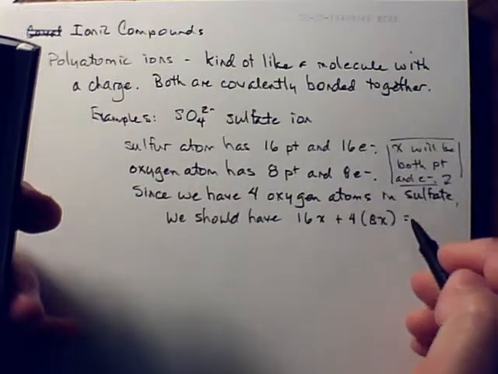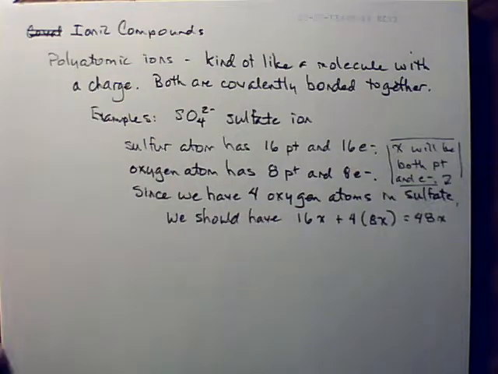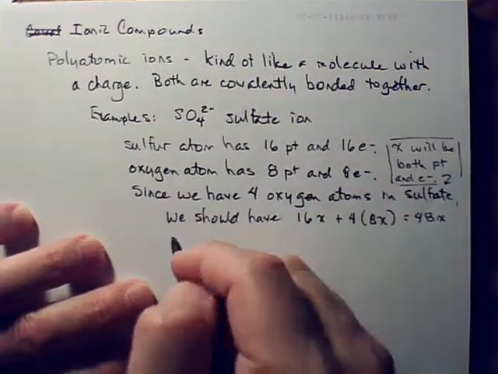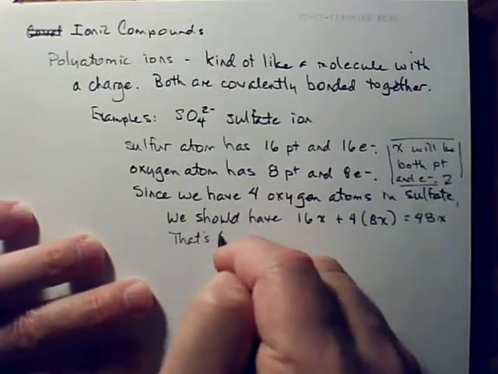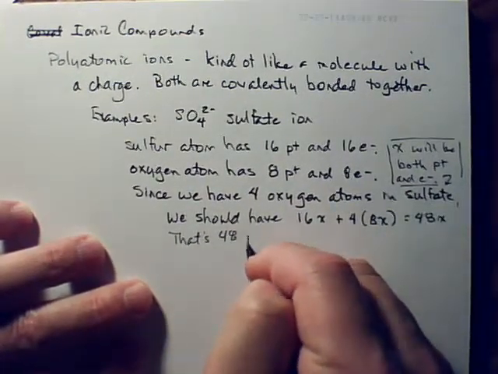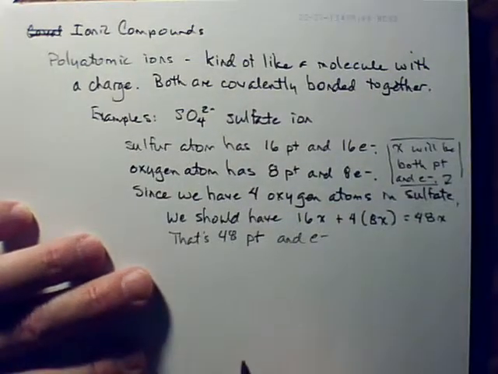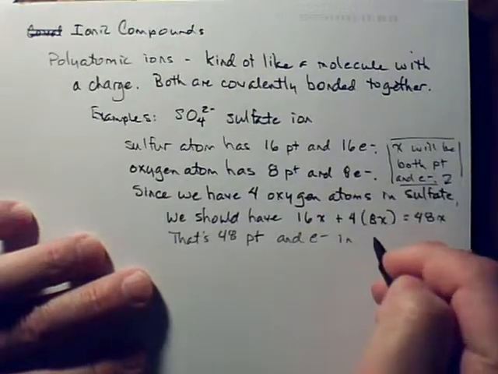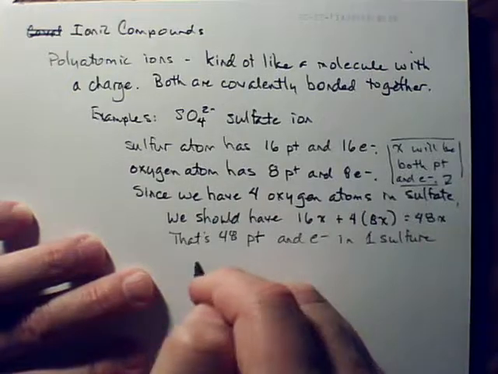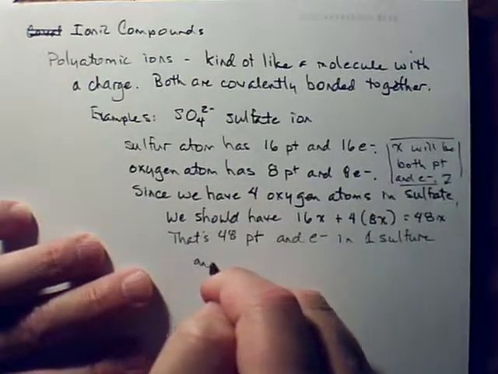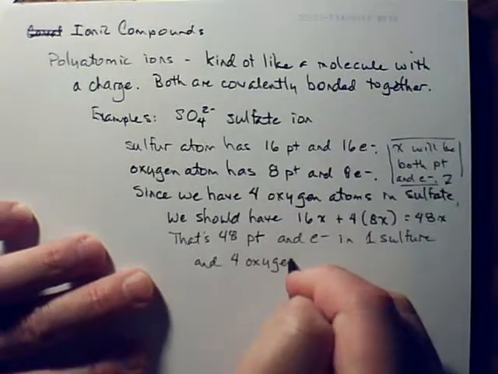So how many protons and electrons should we have? 48. Okay. That's 48 protons and electrons in one sulfur and 4 oxygen atoms.